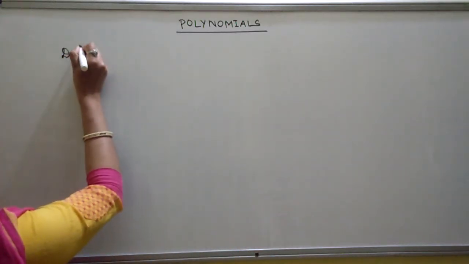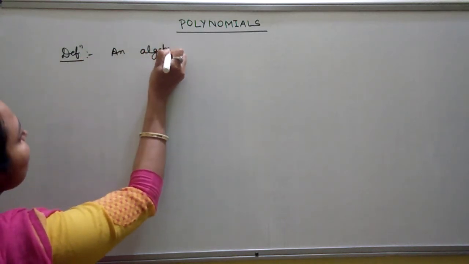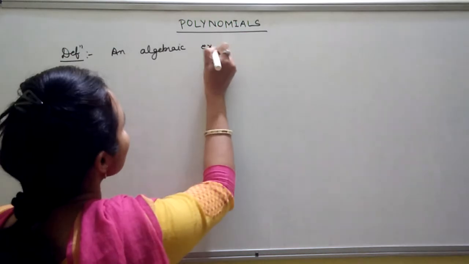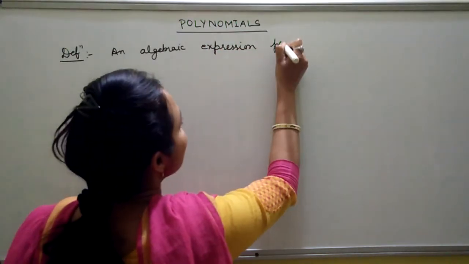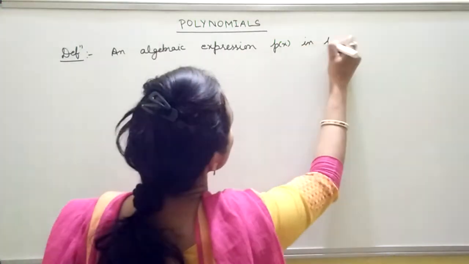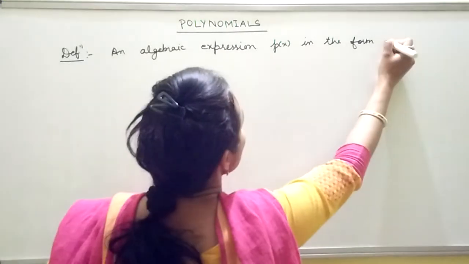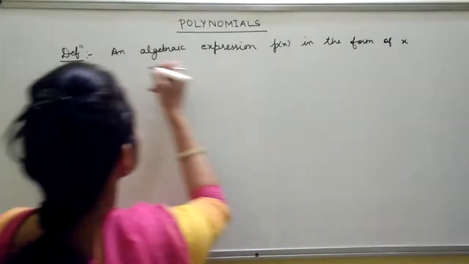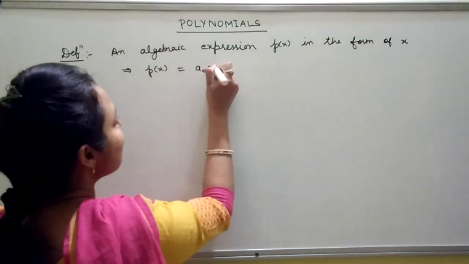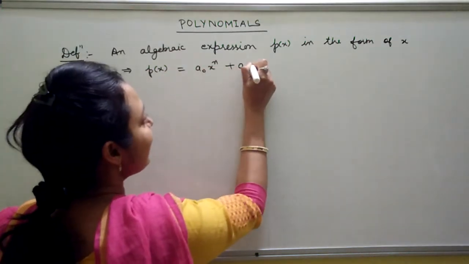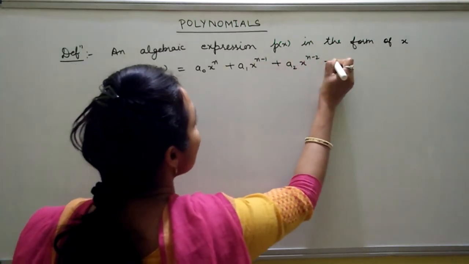Definition. What is the definition? An algebraic expression p(x) in the form of x, that is p(x) = a naught x raised to power n + a1 x raised to power n minus 1 + a2 x raised to power n minus 2 + and so on.